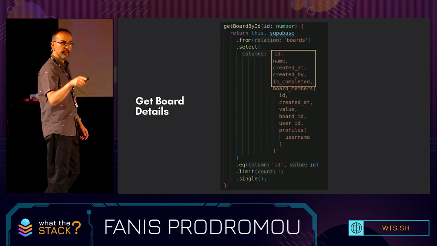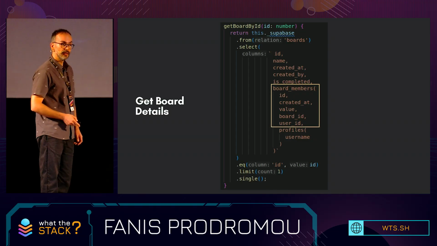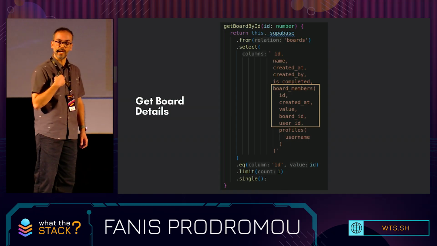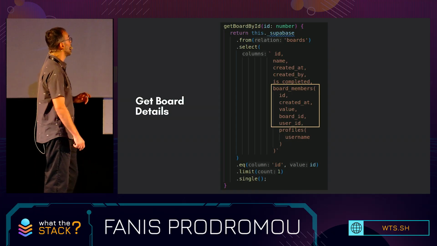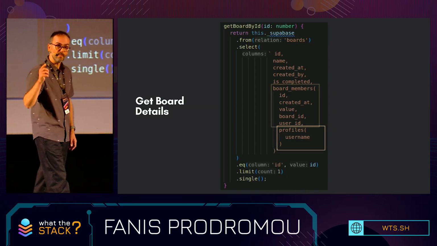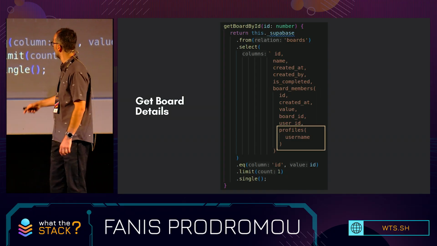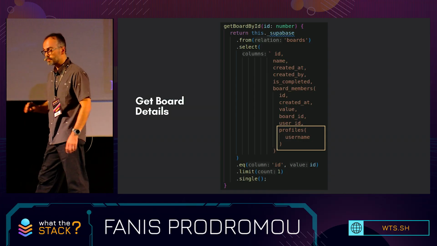And in that table, there is a many-to-one relationship with board members. And I can also select these properties explicitly. And I would like to have the ID, created at, value, board ID, and user ID. And in that table, there is another many-to-one relationship with profiles, where the only thing that I would like to get is the username. Just this.